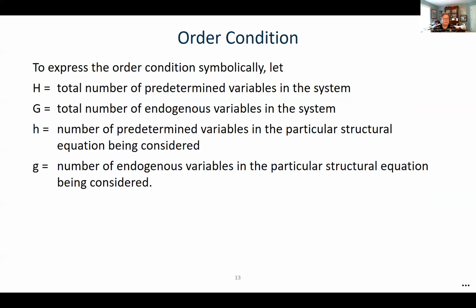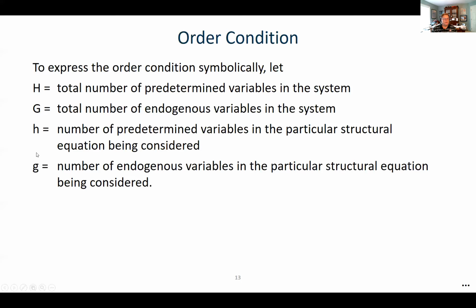So let's use capital H to refer to the total number of predetermined variables in the system. Capital G, the total number of endogenous variables in the system. H and G are not going to be dependent on equations because they're dealing with the total number of either predetermined or endogenous variables in the system.